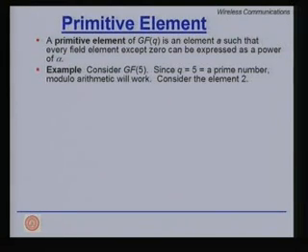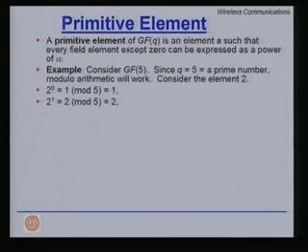So, for example, consider GF(5), 5 is prime. So, we know that a Galois field can exist, and also since it is a prime number, modular arithmetic will work. So, let us consider the elements 0, 1, 2, 3 and 4 as the 5 elements of GF(5).